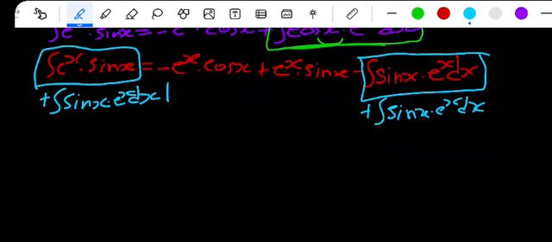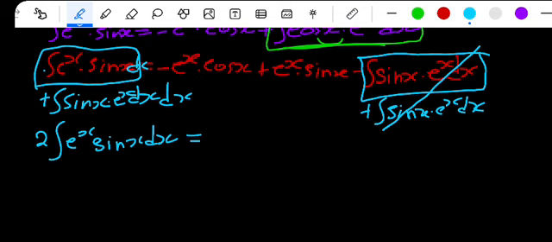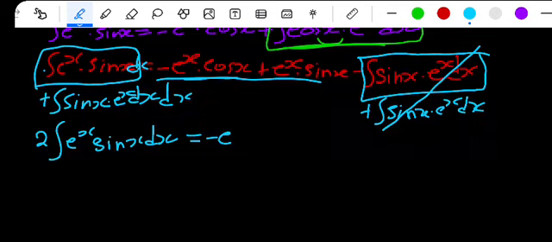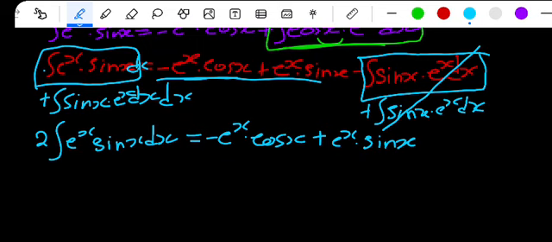The integral of e^x sine x dx must be equal to what is left here: minus e^x multiplied by cos x plus e^x multiplied by sine x.